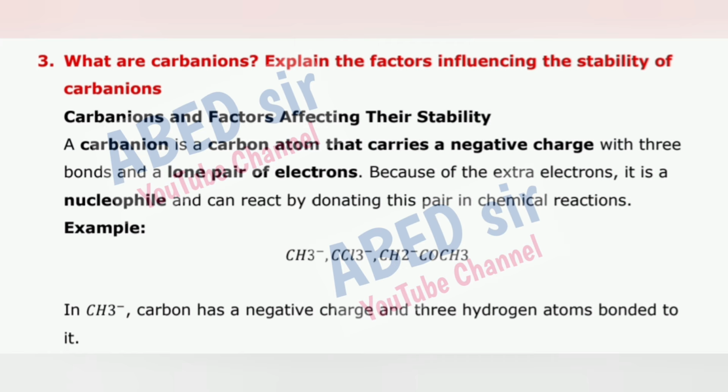Because of the extra electrons, it is a nucleophile and can react by donating this pair in chemical reactions. Example: CH3-, CCl3-, CH2COCH3-. In CH3-, carbon has a negative charge and 3 hydrogen atoms bonded to it.